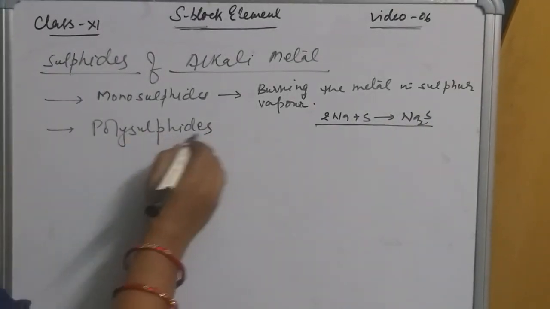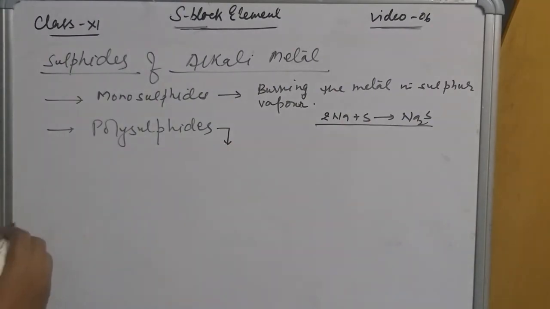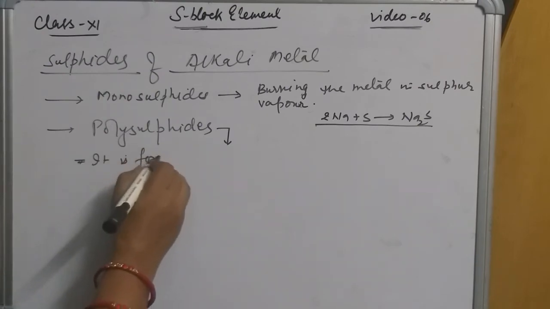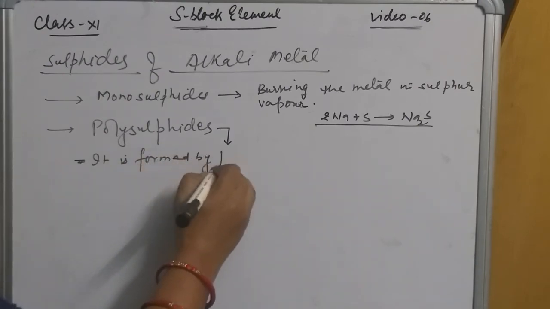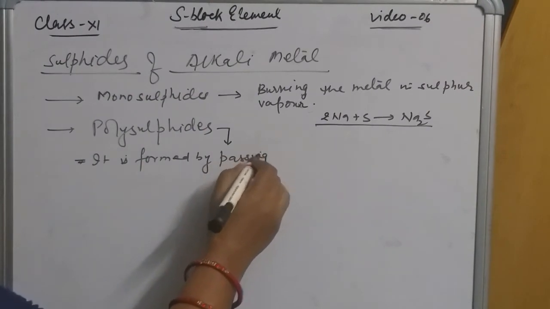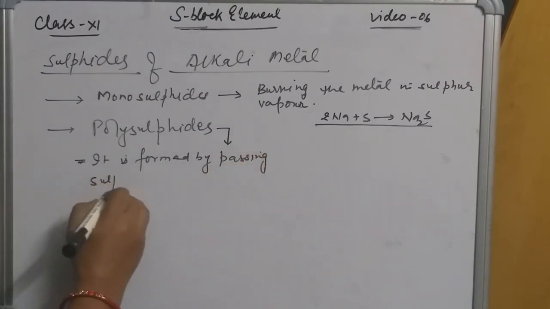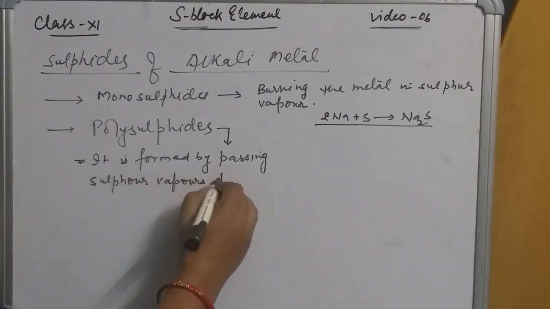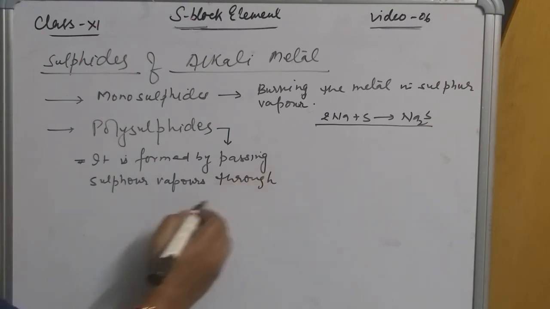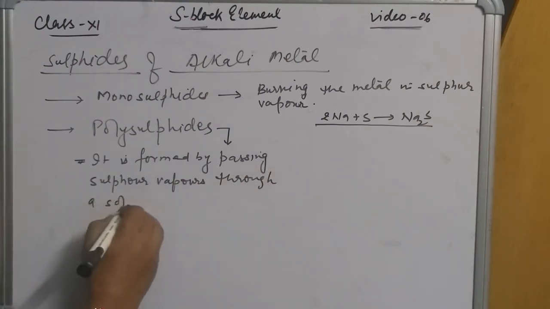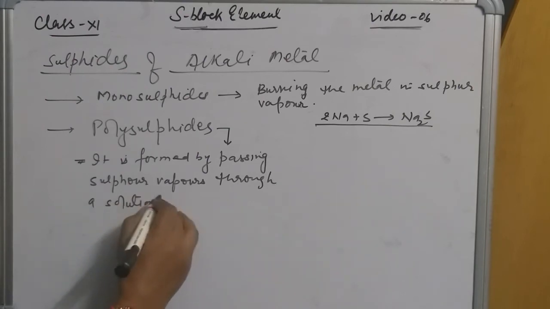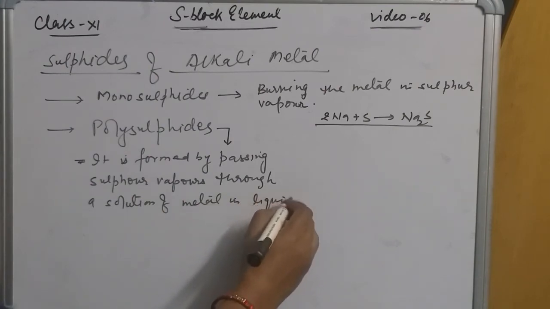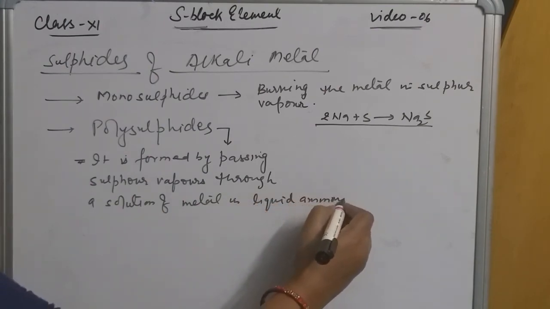And polysulfides are formed by passing sulfur vapors through a solution of metal in liquid ammonia.